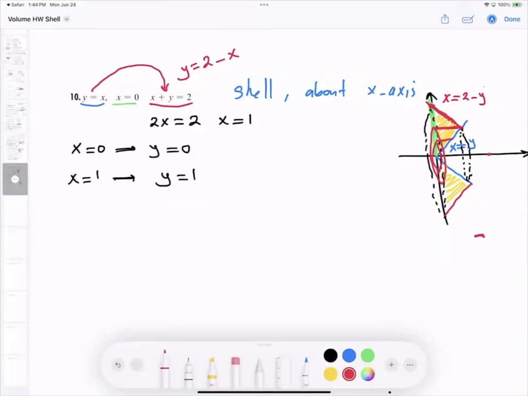So you can think about it this way and start setting up your integral. Here you have this shell, and then you have another shell. Or you find the larger volume, you find the smaller volume, and then find the difference between them, and then you have the volume of the object. So let us set it up.